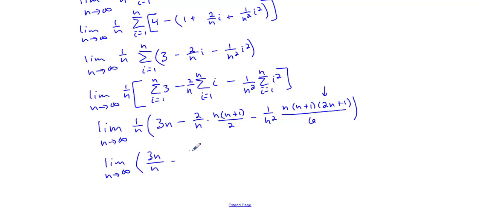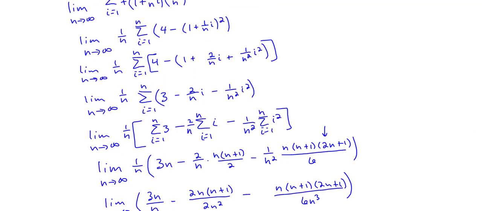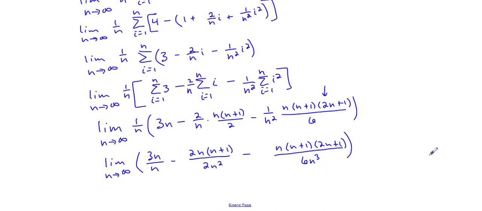Okay, it's going to be 2n times n plus 1 over 2n squared, right? If we multiply by n in the denominator, minus n times n plus 1 times 2n plus 1 all over 6n cubed. A lot of writing.